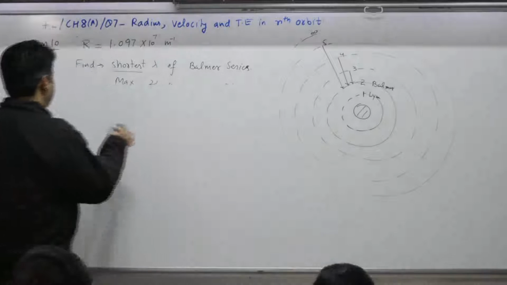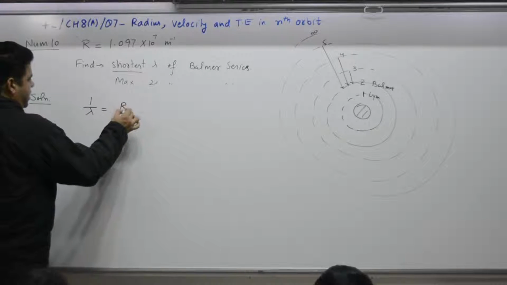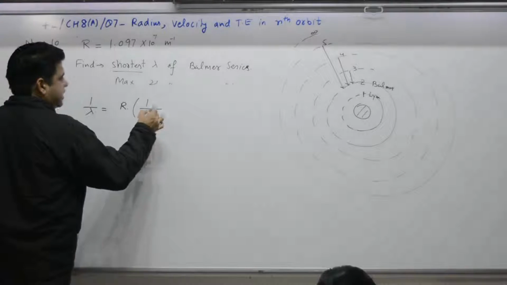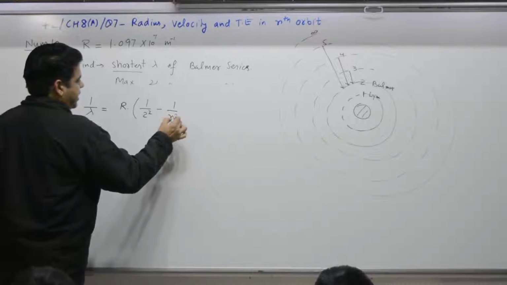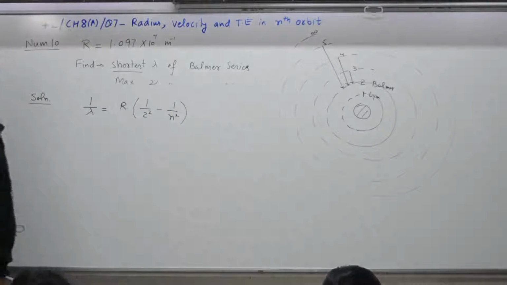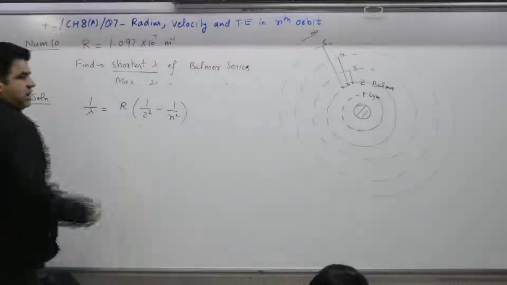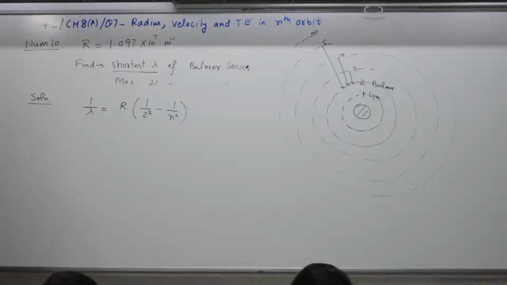Or formula is 1 by lambda is equal to R, 1 by n1 square minus 1 by n2 square. In this case, Balmer series, it is 2 and n. You have to find out the shortest lambda, the wavelength.